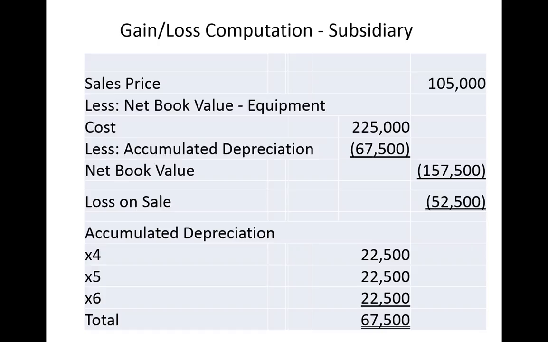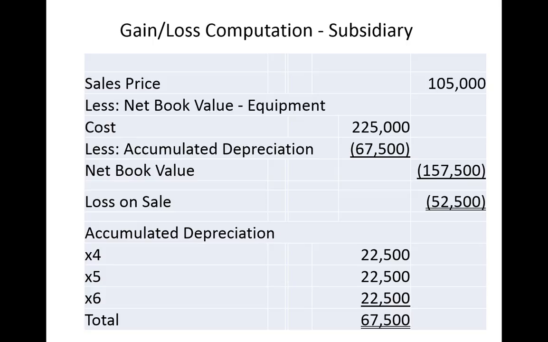Now, you may notice that these numbers look familiar, and they should. What I've done is on the equipment itself, I have left the numbers the same, so the cost and the accumulated depreciation numbers are the same as they were for the downstream transaction. What I have done different, though, is on the downstream transaction, we saw an example of a gain.